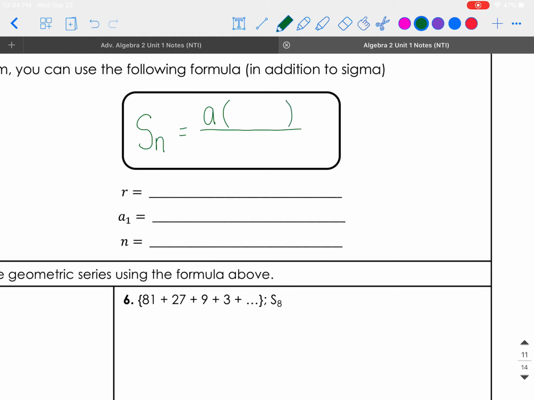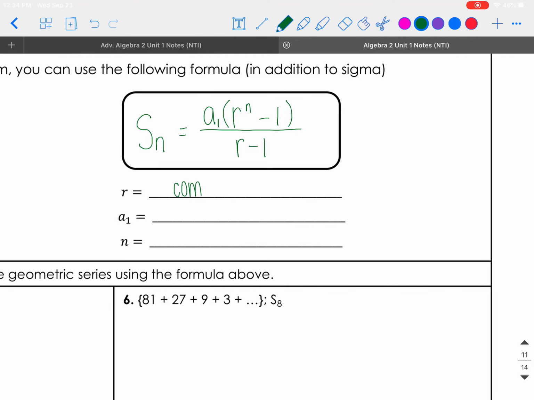A1, sorry, a1 times 1 minus r to the n over 1 minus r.